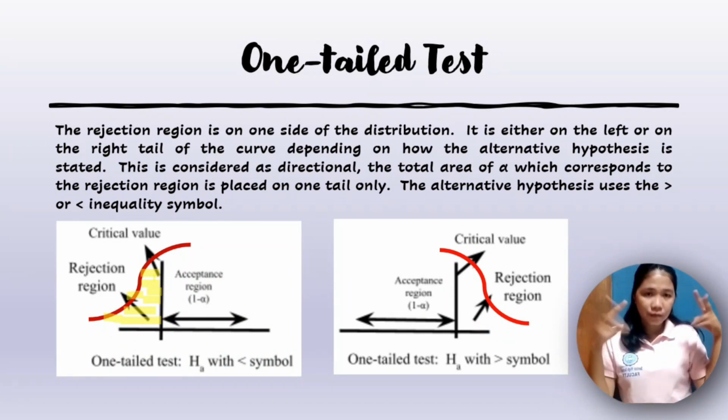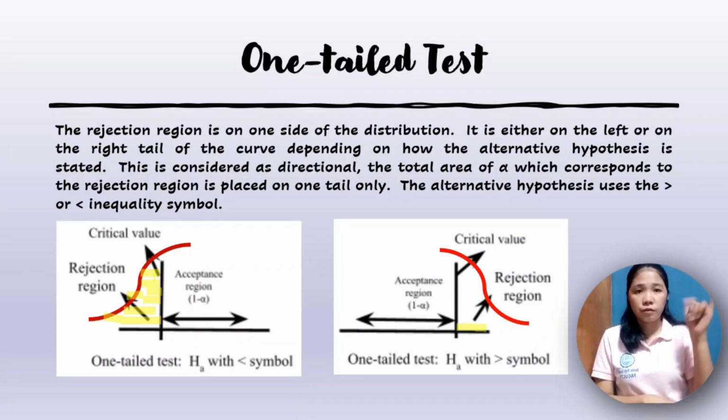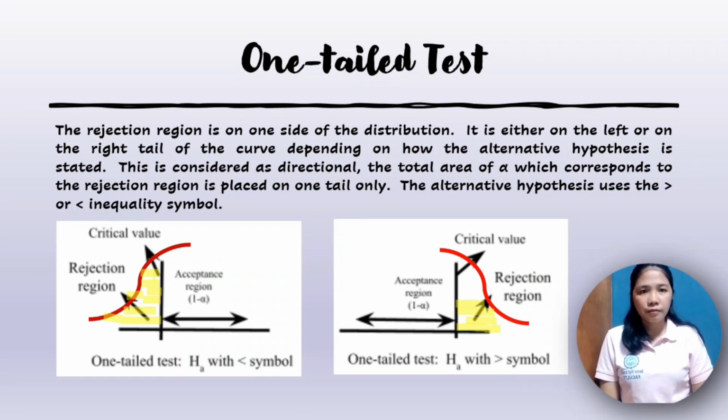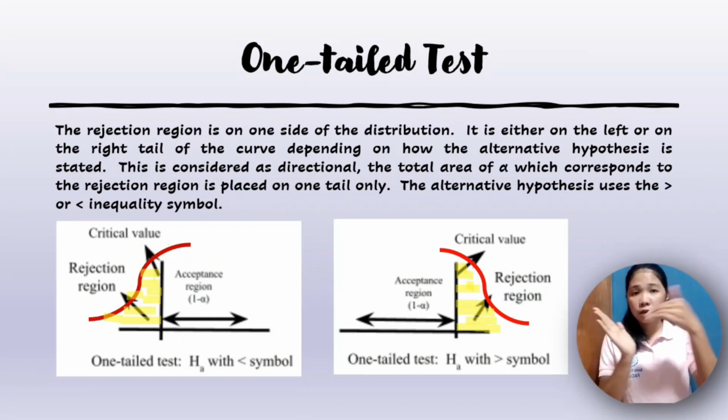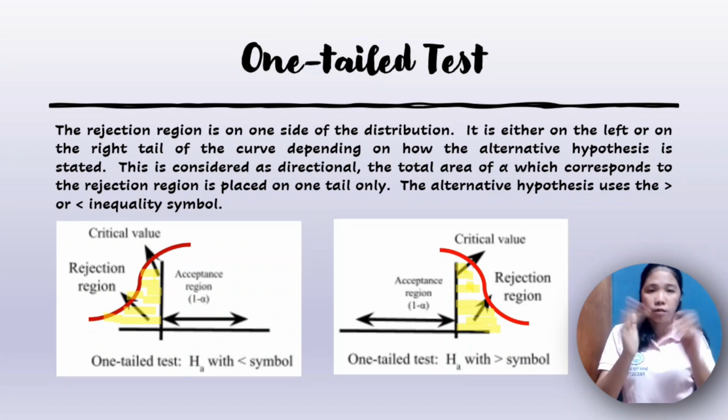So let us shade it. This is the critical value and this is the shaded part. The shaded part is the rejection region. So again, the one-tail test makes use of the less than symbol and the greater than symbol.